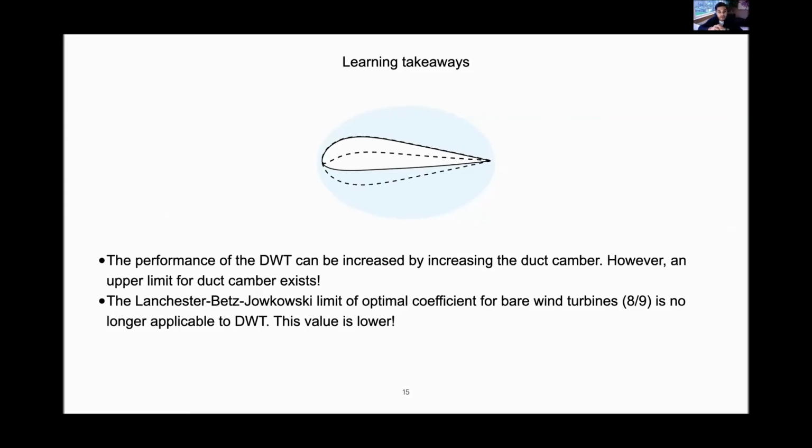A very interesting finding was also that the Lanchester-Betz-Joukowski limit, which sets the optimal rotor loading to 8/9, or 0.889 in the normal convention, is no longer applicable for ducted wind turbines. This value is lower. We got an optimal rating for the thrust of the rotor somewhere between 0.75 and 0.8.